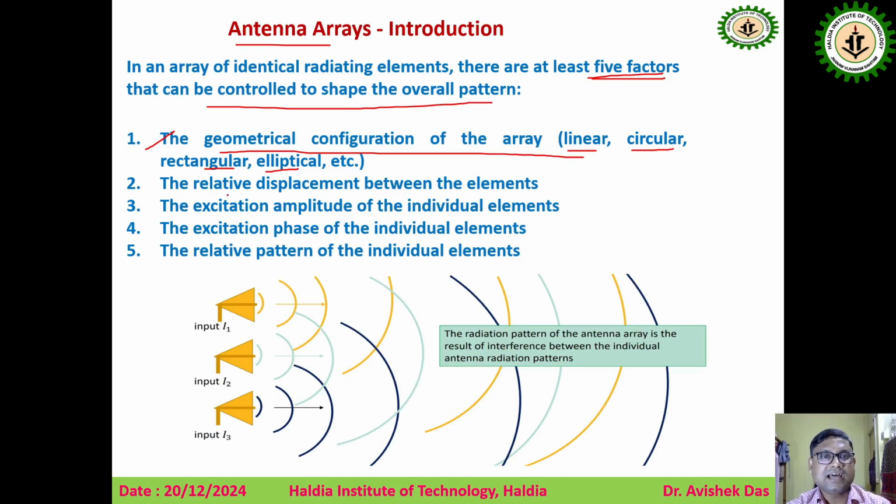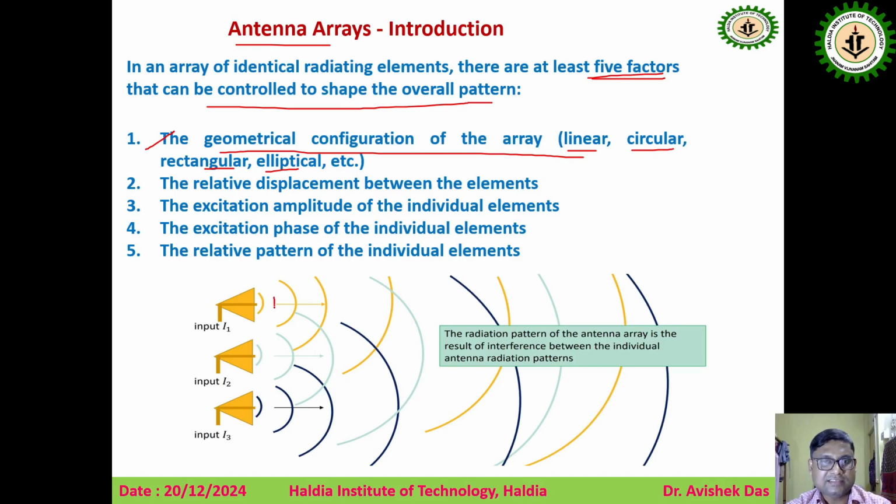The second one is the relative distance between the elements. So look here, it also forms a linear array, because this one is antenna 1, this one is antenna 2, this one is antenna 3, placed together, and it forms a linear antenna array. And the second factor is the relative distance.